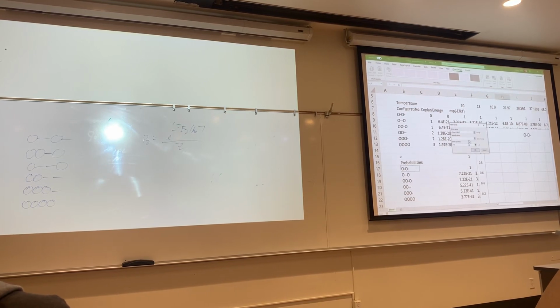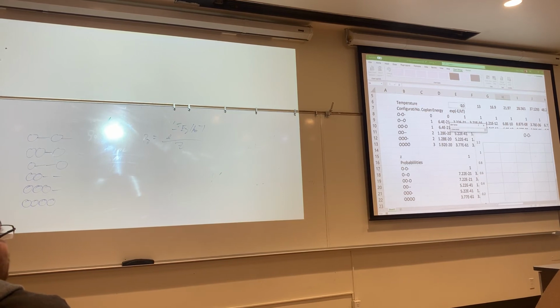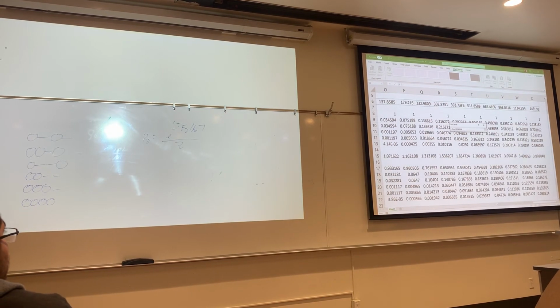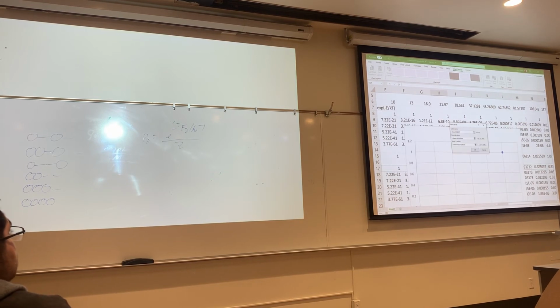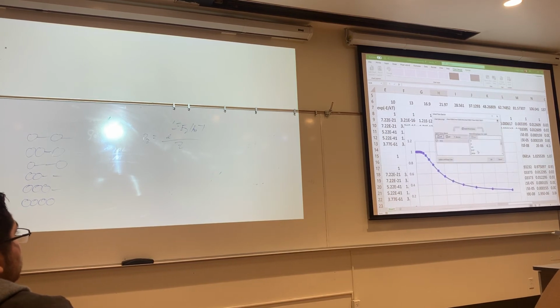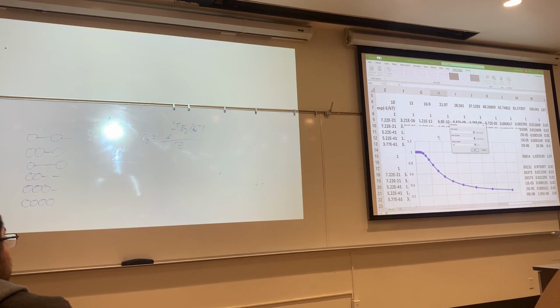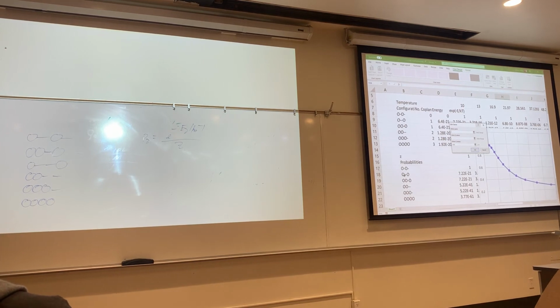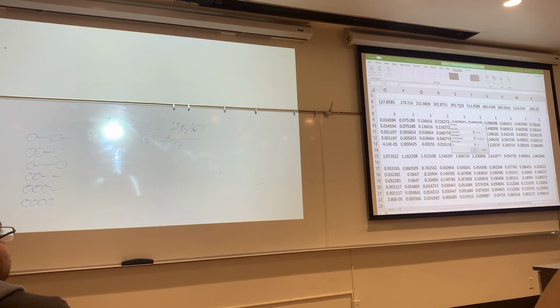This molecule, and the x-axis values are those over here, and the y-axis values are this one. And then maybe we are interested in another molecule, maybe the one of those which has one coplanar pair, the little pair over here, and then again the x-axis values, these ones here, and the y-axis values.